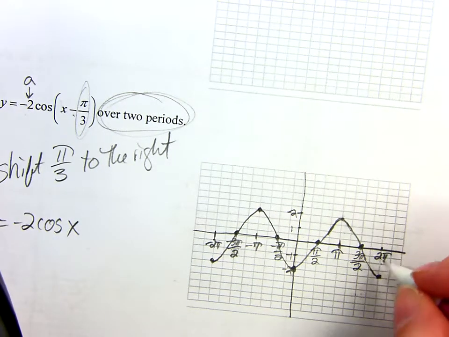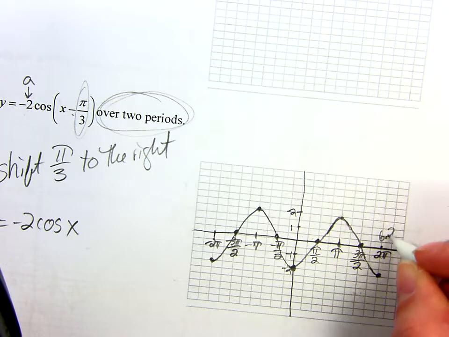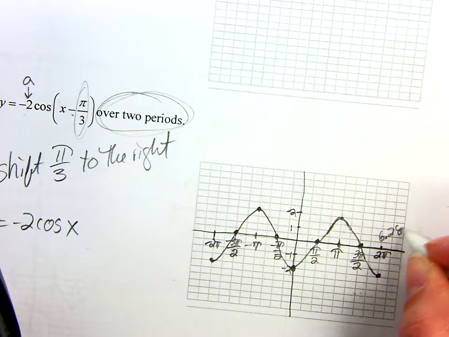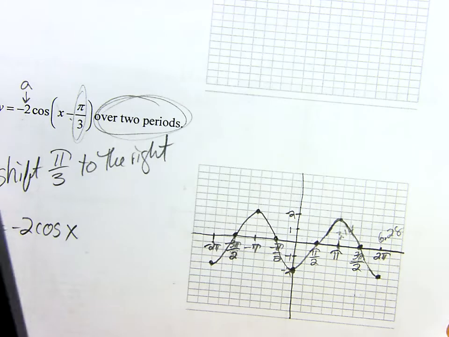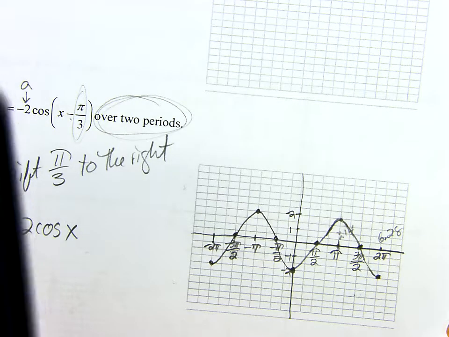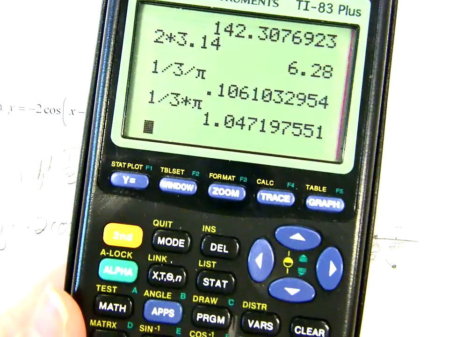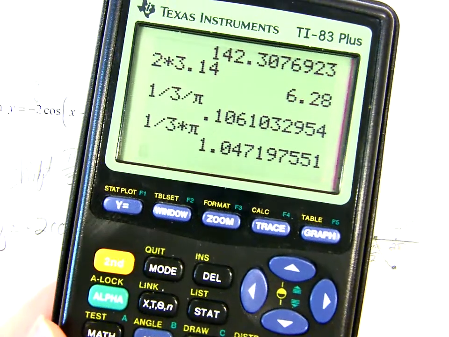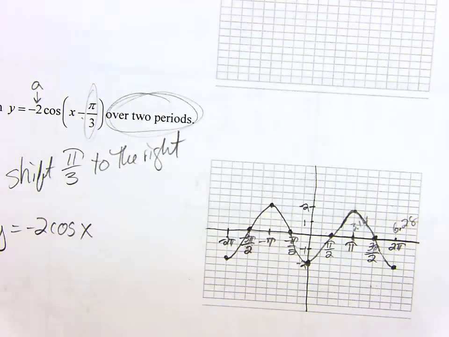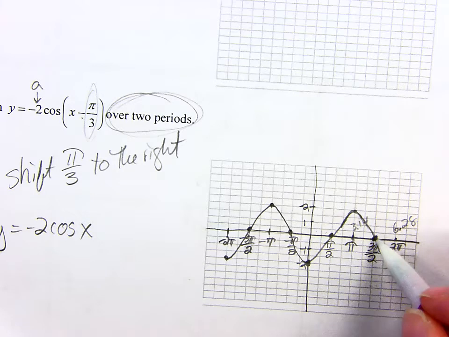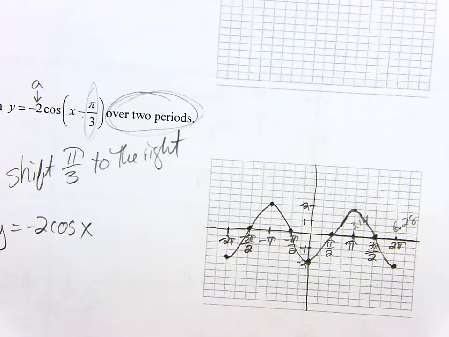Pi is 3.14, and you want to move it 1/3 pi. So 1/3 times pi, oh wait, I messed that up. 1.047 over. Well, you can put in your numbers and do it that way, but I don't think that's any easier. I think that takes way more time.